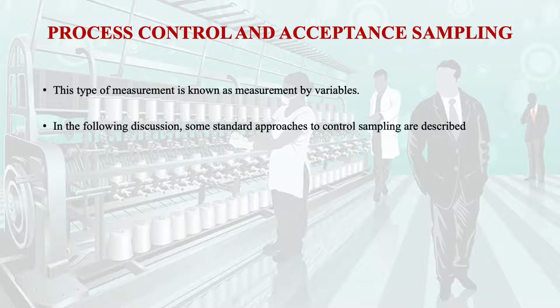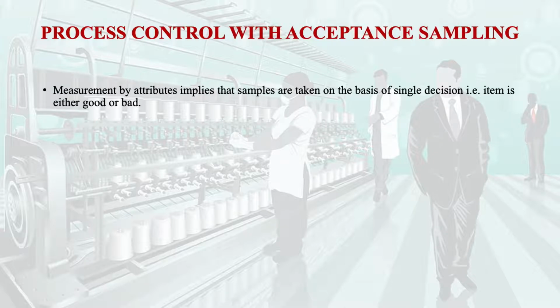We will discuss some standard approaches for the control sampling of defects. Measurement by attribute implies that the samples are taken on the basis of single decisions. The item is either good or bad.